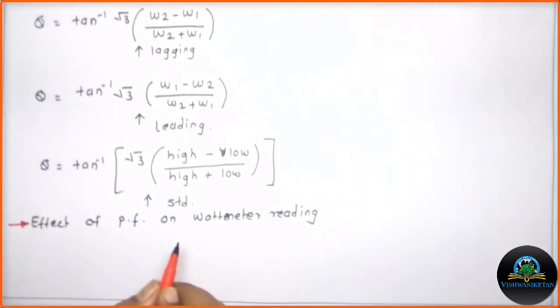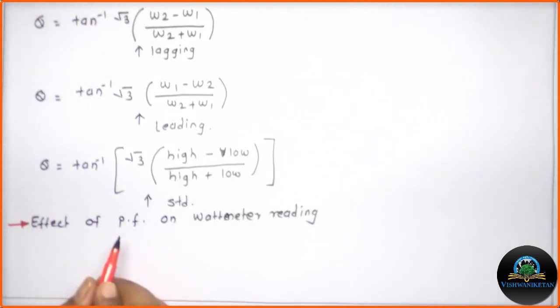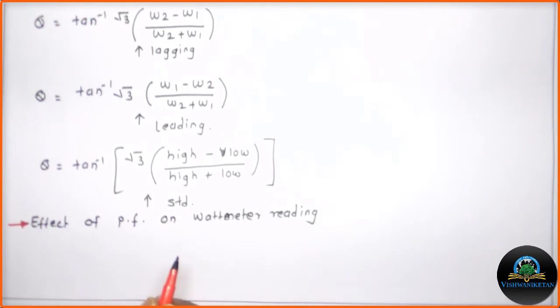What is the meaning of this? There is a possibility that the load may be purely resistive, purely inductive, purely capacitive, or maybe a combination of RLC. So in that case, what will be the reading of my W1 and W2?